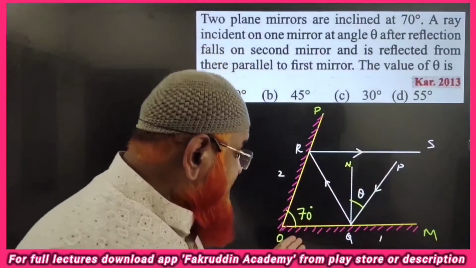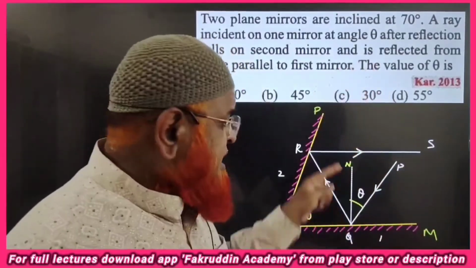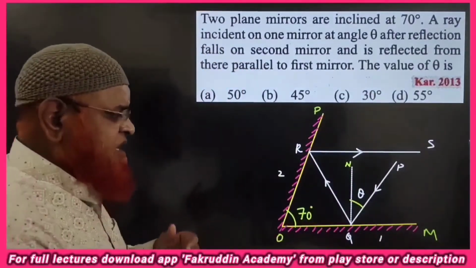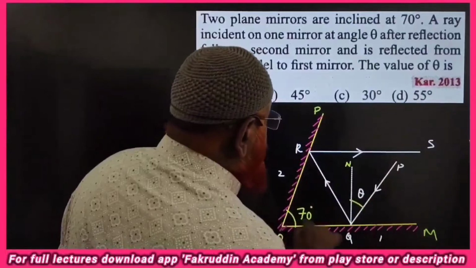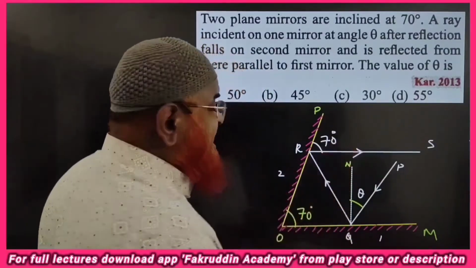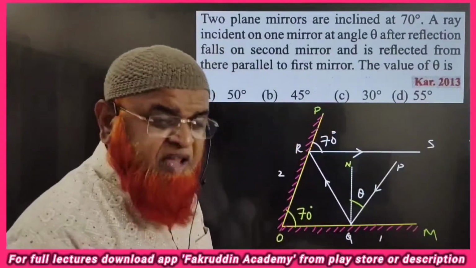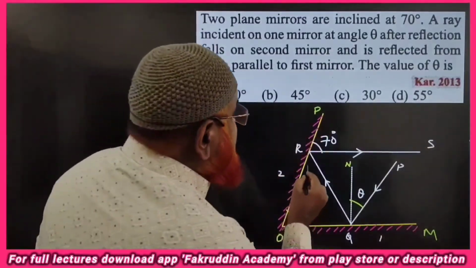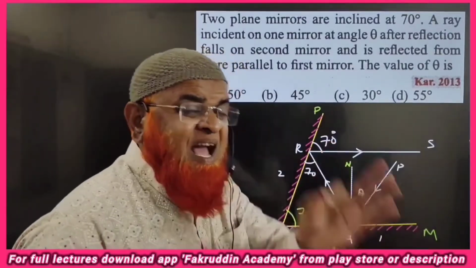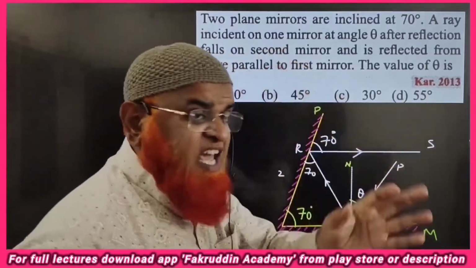If these two are parallel, then what happens? Let us see. When these two are parallel, this is 70 degrees. Why is it 70? These two are corresponding angles. If this is 70, this is also 70.